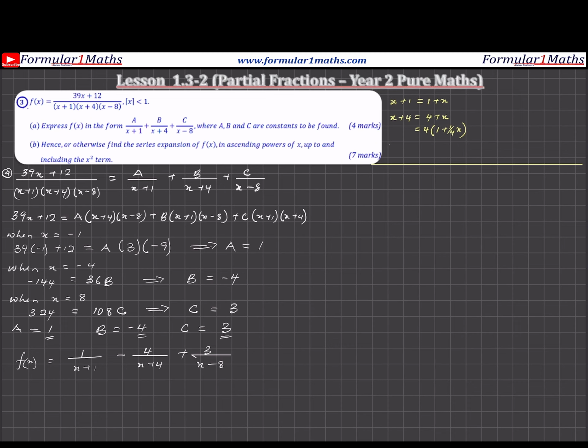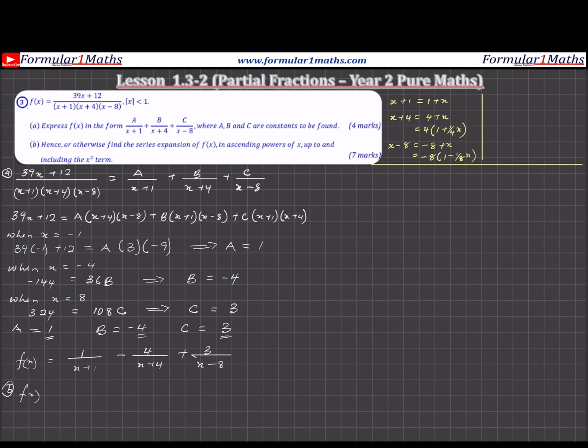And then x minus 8 will be written as minus 8 plus x, which can be further written as minus 8 brackets 1 minus 1 over 8x. So now I can write the function as this.